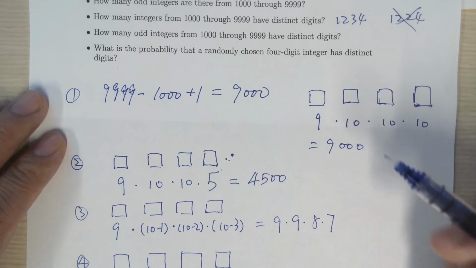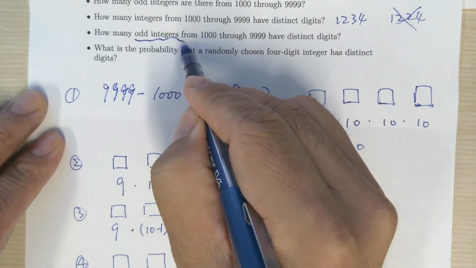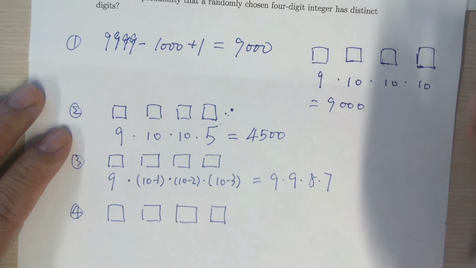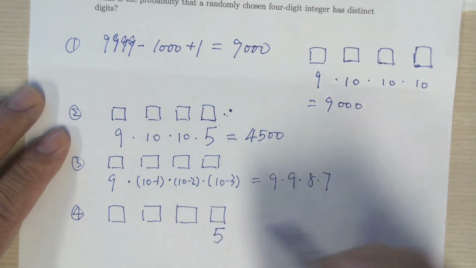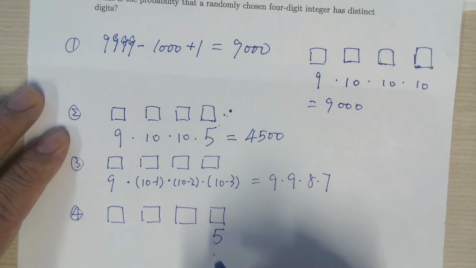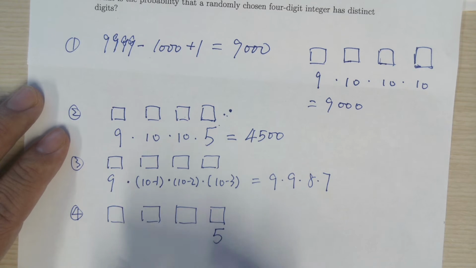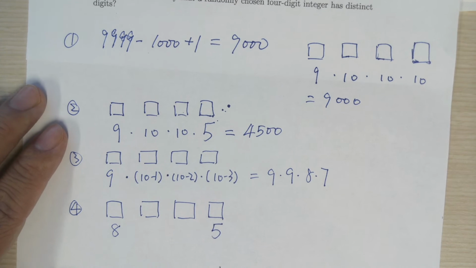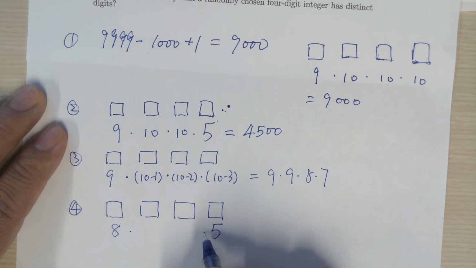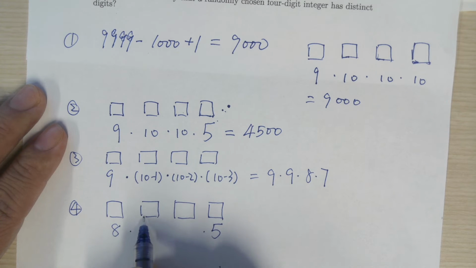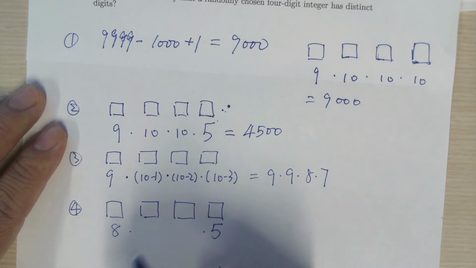First of all, we need to make sure that it is an odd integer, right? So, in other words, we need to select the last digit first, which is 5 options, okay? And then when you select one of them here, for your first digit you're going to have 8 choices, right? Because there's one of them you already selected here.